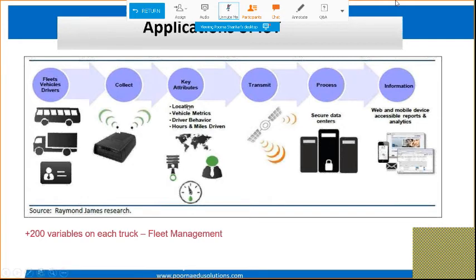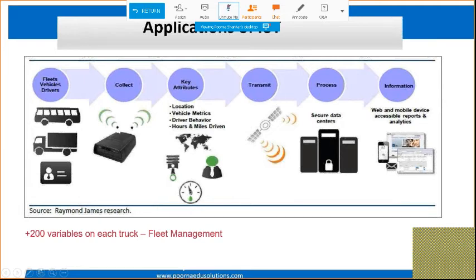It has the attributes of the vehicle metrics, the driver behavior, and hours and miles driven: how many hours he has driven and where the vehicle is located. This information it produces automatically. The sensors incorporated produce the time sensors, the geolocation sensors, and the driver's ID can be tracked with the vehicle.